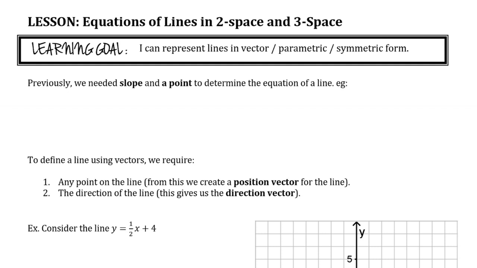So we're going to spend a couple of days on this. A lot of what we're going to do is going to be very similar to grade 9, but we're going to use different notation. That's what the first half of this entire unit is all about, getting used to the notation that's required.